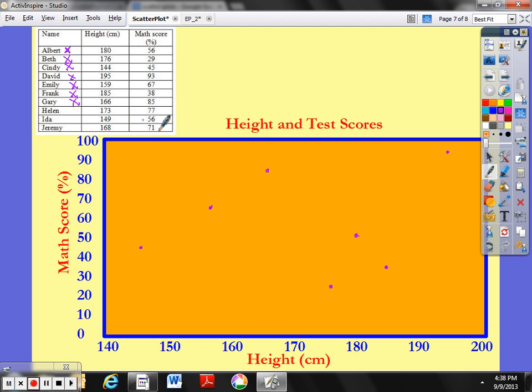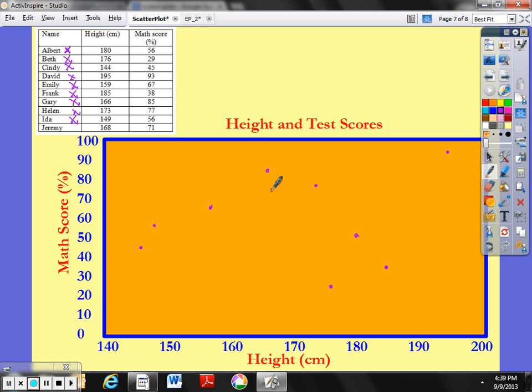We have Helen, 173 and 77. And we have Ida, 149 and 56. And finally, we have Jeremy, 168 and 71.